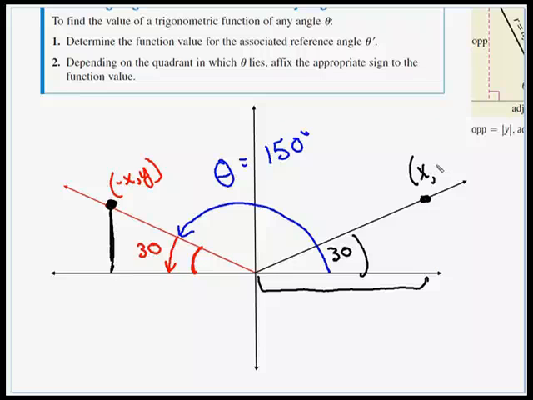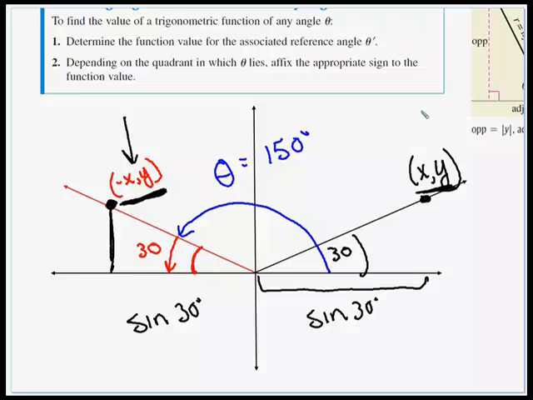So this point in the first quadrant would be x y. Negative x y in the second quadrant, positive x y in the first quadrant. So the sine of this 30-degree angle and the sine of this 30-degree angle are only different by a sign. Over here it's negative, over here it's positive. And that's how we're using these reference angles.